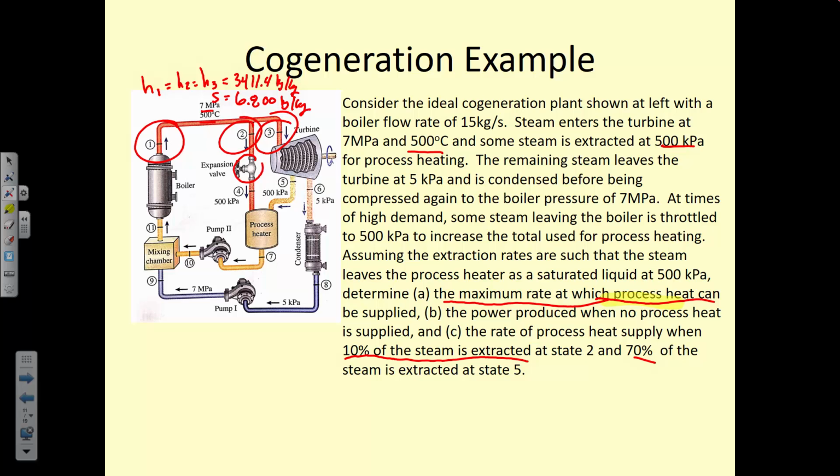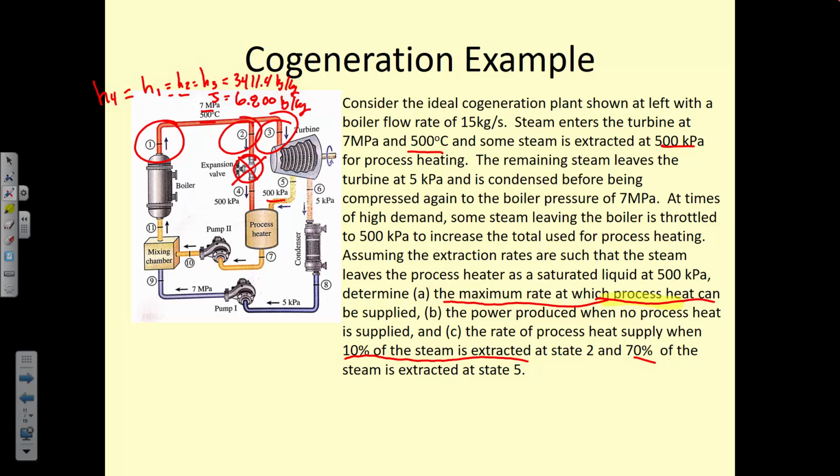Now state 4, because this is an isenthalpic expansion valve, H4 is going to be equal to H1, 2, and 3 as well. So this H4 is that same value, 3411.4 kilojoules per kilogram. So we found the first 4 states, that's pretty good.